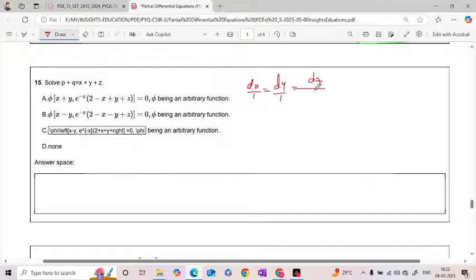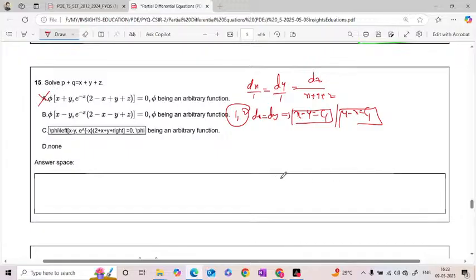Option C, sure. Now we'll check x plus y plus z. From 1 and 2, dx is equal to dy, so x minus y is equal to constant and y minus x is equal to constant. You can take any one of the solutions. So x minus y, y minus x means this option A will cancel.